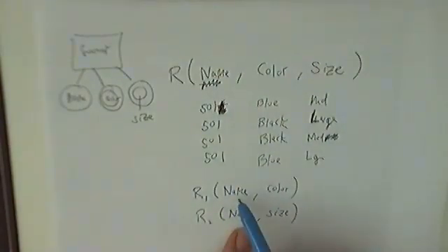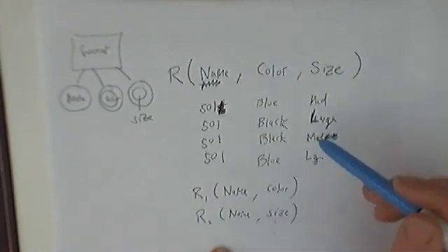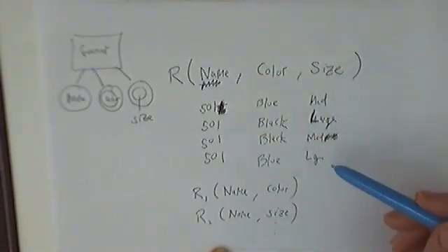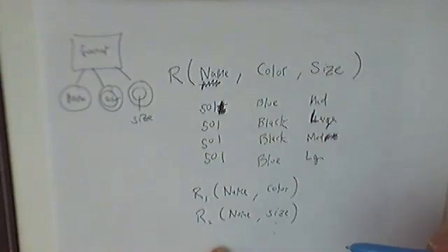We want to have 501 blue, 501 black, 501 large, 510 medium. We want to represent the table this way rather than this way. But our theory is not telling us how to do that. It's leaving this up to us just using common sense. And we don't want to do that. We want to rely on theory to guide us, not just intuition and sense.